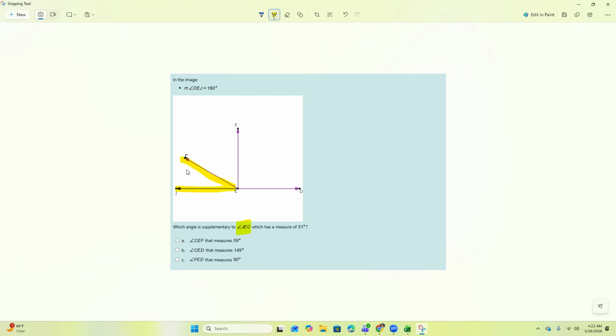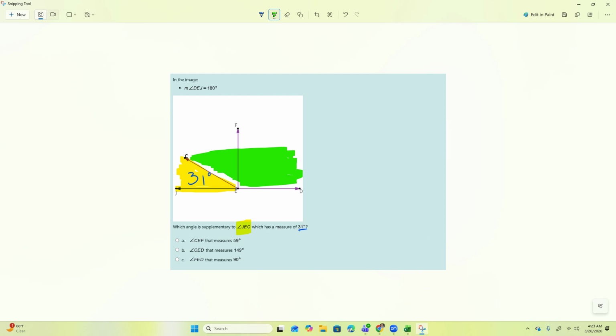So they gave you this angle here, and they tell you that that angle is 31 degrees. What they're asking is how much all of the rest has to be, so you get supplementary angles.